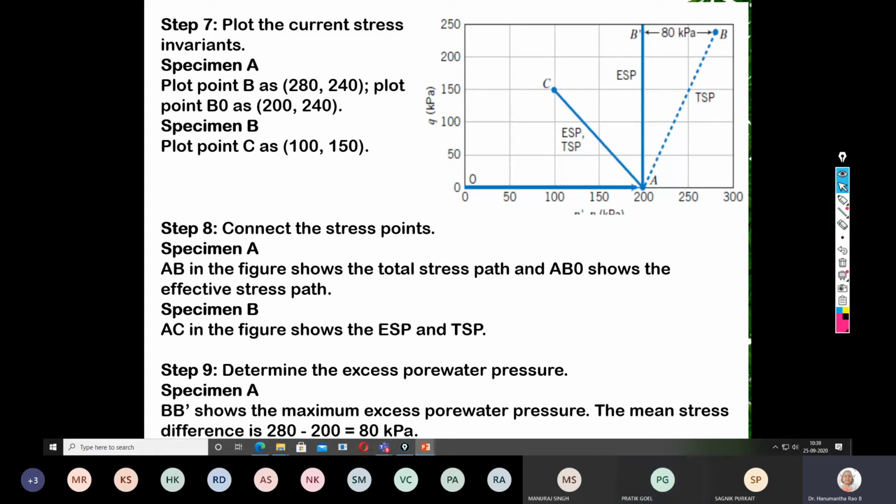If you say, since it is starting from the origin, then your analogy is correct. For example, if I draw a line from origin to B, then whatever you said is correct. Up to 280, the entire thing is nothing but pore water.